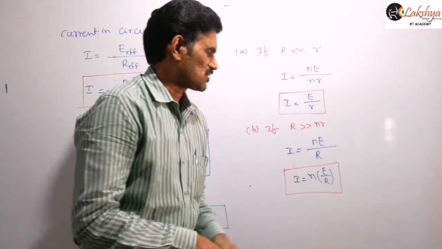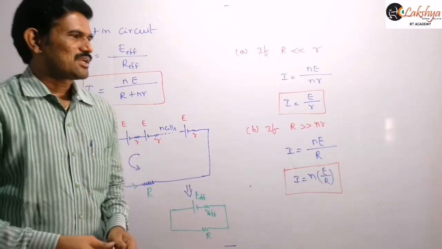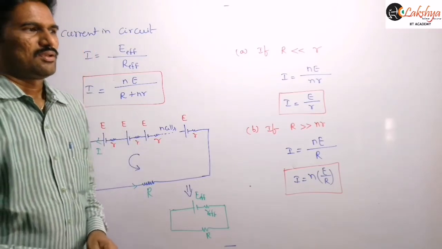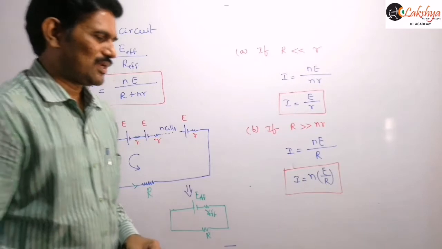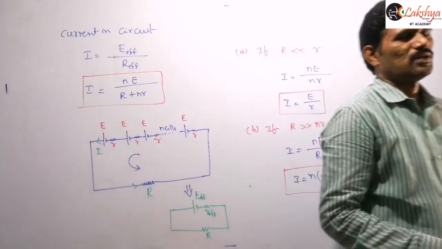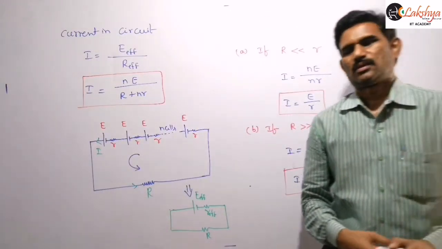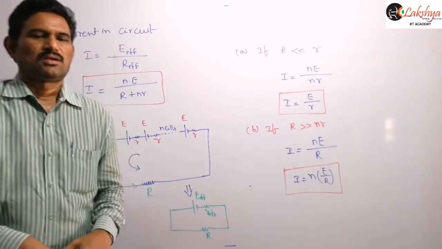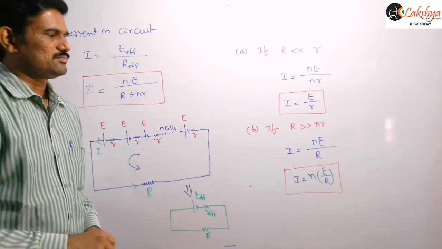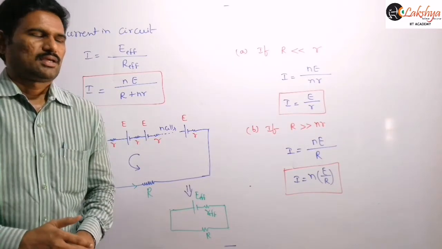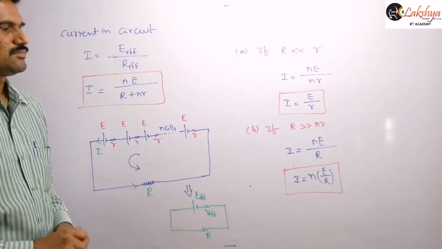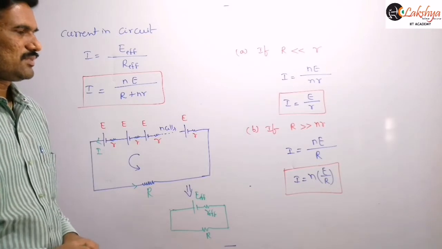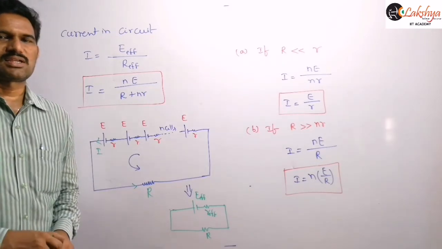So finally mention that when external resistance is very large when compared to nr, then current flowing through the circuit depends on the number of cells connected in series.